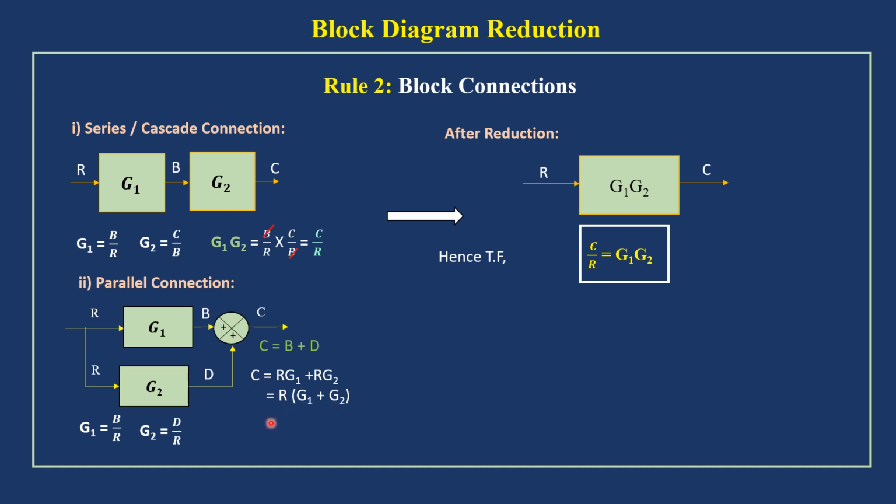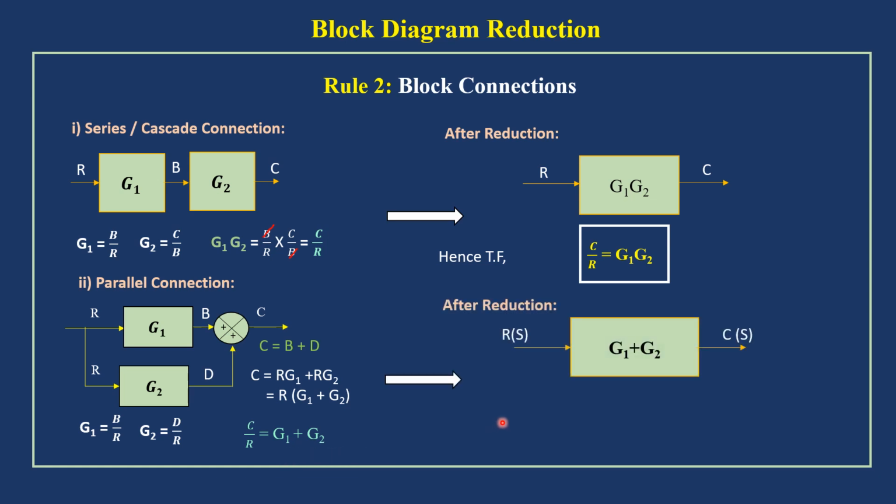Now we can find the transfer function C by R equals G1 plus G2, which is the addition of system gains. When multiple blocks are connected in parallel, their system gains can be added. That is the meaning. It will be reduced to a single block which represents the addition of two system gains. Hence the transfer function C by R equals G1 plus G2 for the parallel connection.